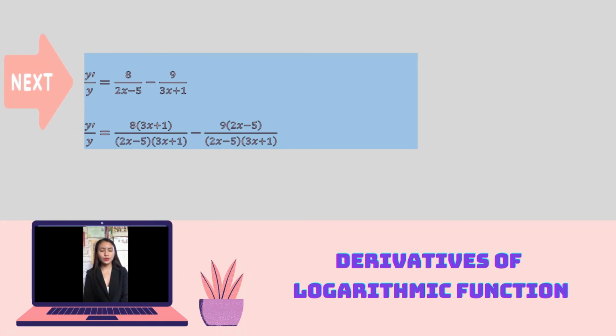At this point, we will find the common denominator of the two fractions. So we have 2x minus 5 times 3x plus 1 as our common denominator. So we have y prime over y equals 8 times the quantity 3x plus 1 over 2x minus 5, 3x plus 1, minus 9 times the quantity 2x minus 5 over 2x minus 5, 3x plus 1.